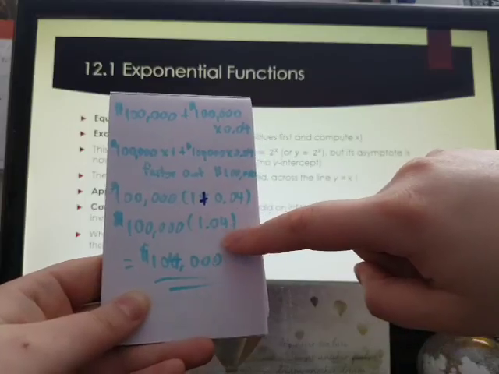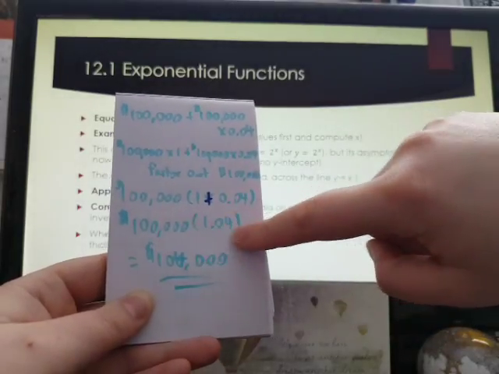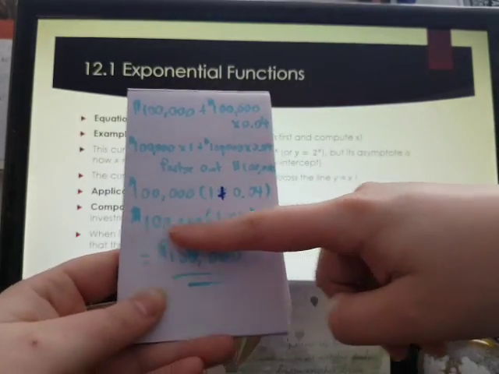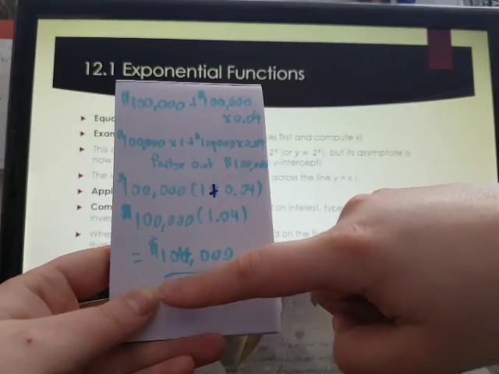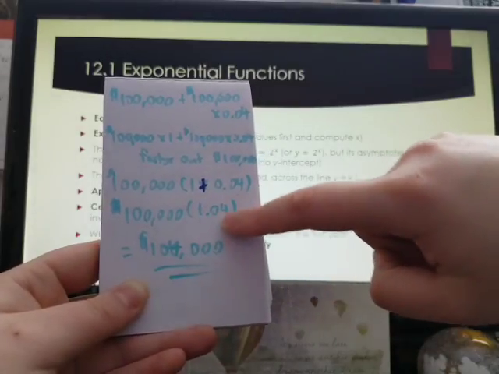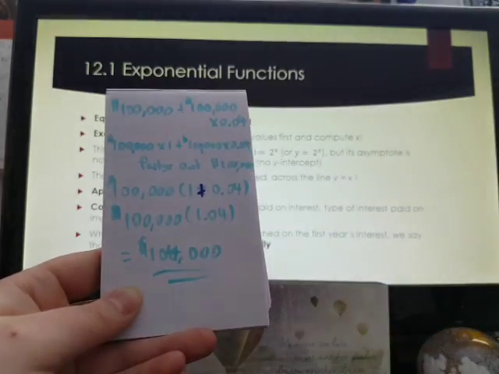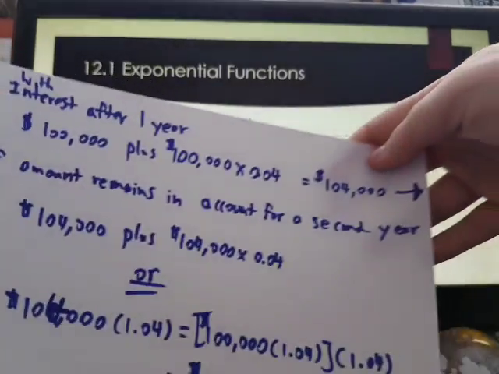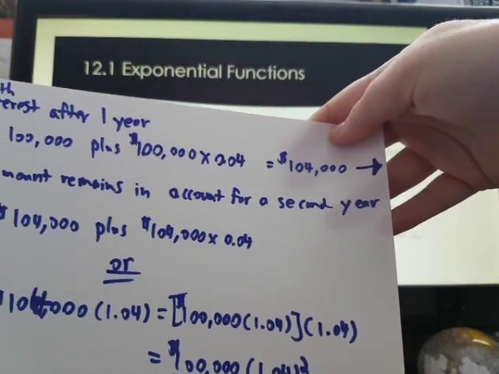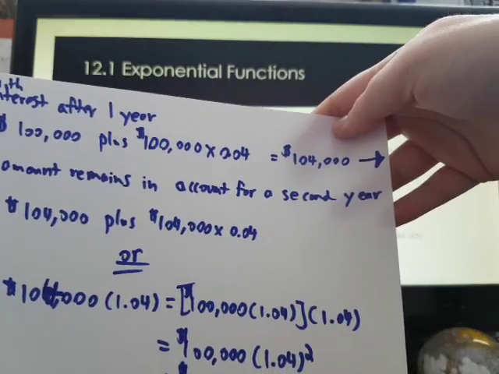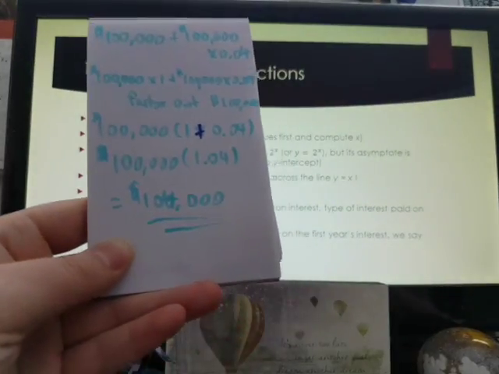And then by the 0.04, you're also taking your interest and adding it on. So you end up getting the same value as you would when we just added the 100,000 plus the 100,000 times 0.04. So it's just a lot easier to write it like that.